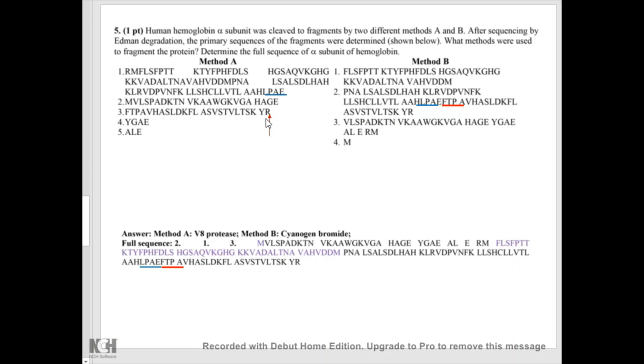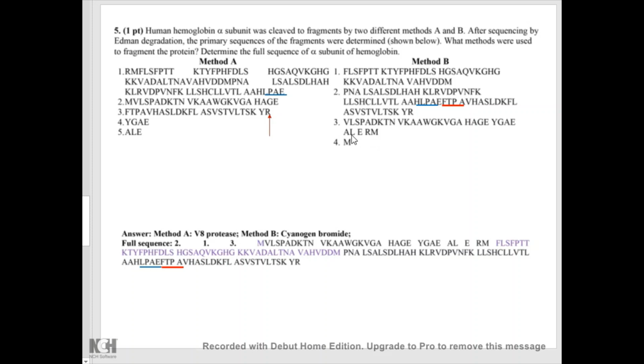Okay, now let's take a look at method B. Again, you see methionine, arginine, methionine, all methionine, but this arginine. So if you take a look at YR, you will see YR is here. So this is definitely the C-terminal portion of your peptide. So this long peptide is the C-terminal peptide.